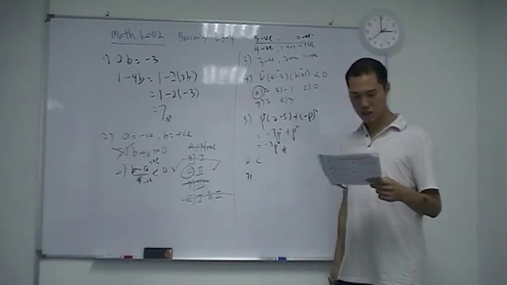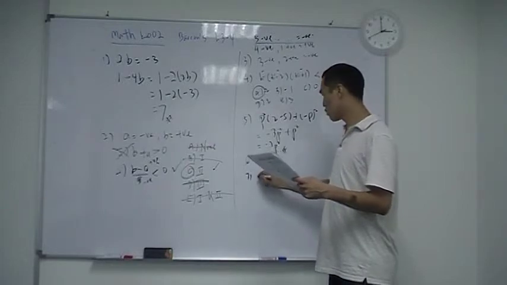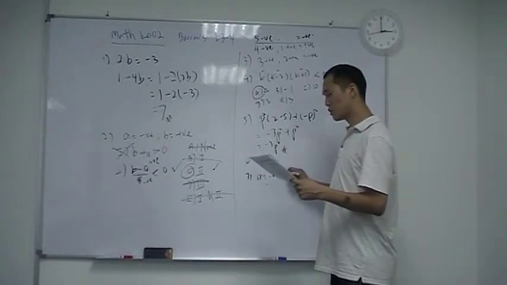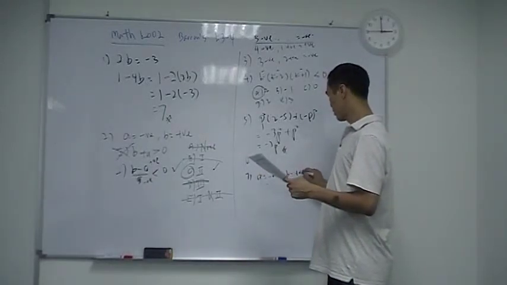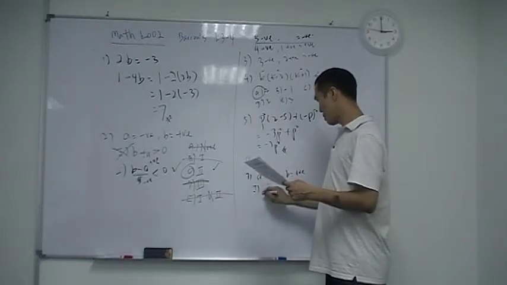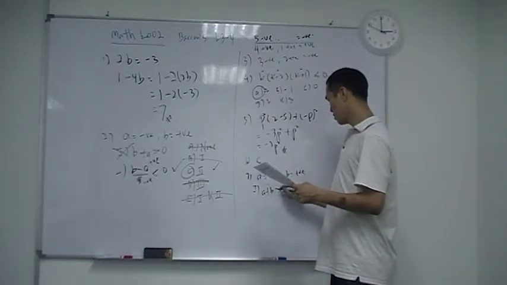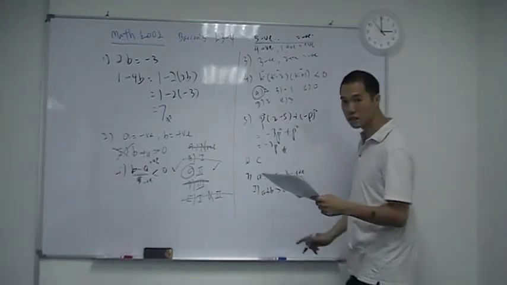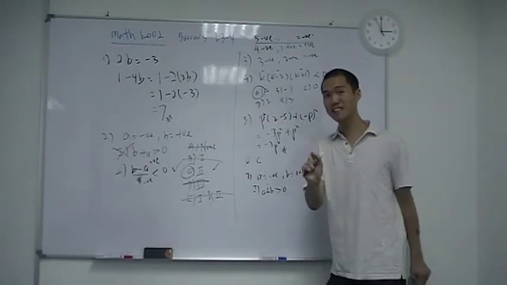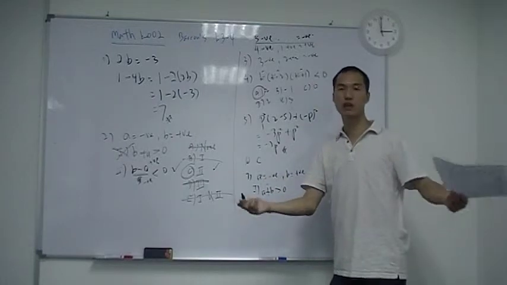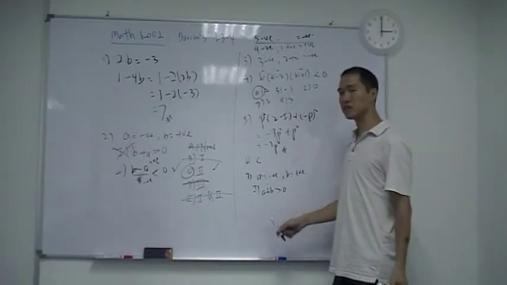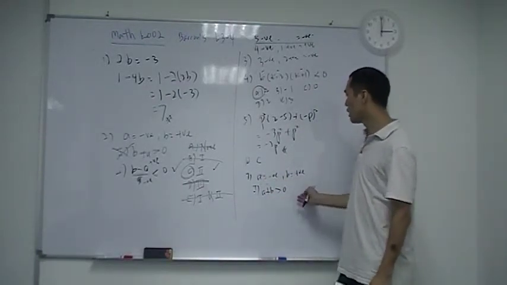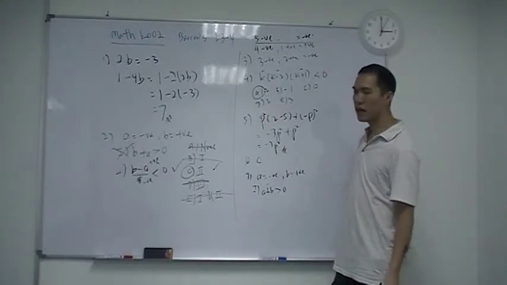Number 7. A less than 0, so A is negative. B greater than 0, so B is positive. Statement 1: A plus B greater than 0. Well, you never know. It said must be true. Be careful, there are must and could. Must means you have no choice, it must be true. So this is not necessarily true because B can be 1 and A can be negative 2.